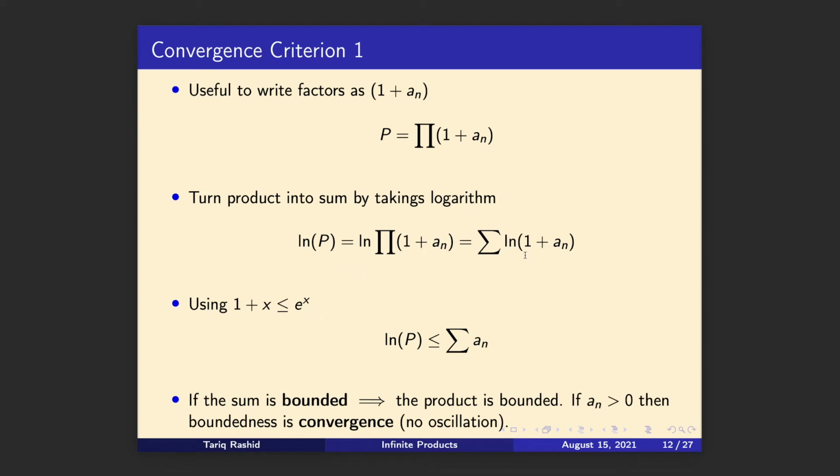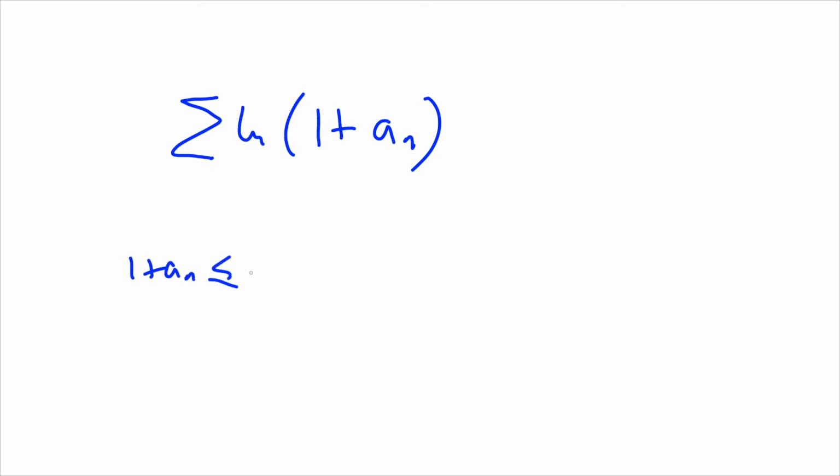That's useful because this is 1 plus x. So the log of e to the x is just x, which means we're left with a much simpler sum. Let's do that. So we've got the sum of log of 1 plus an, and we've said that 1 plus an is less than or equal to e to the an.